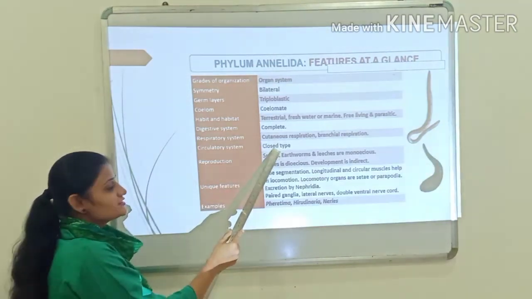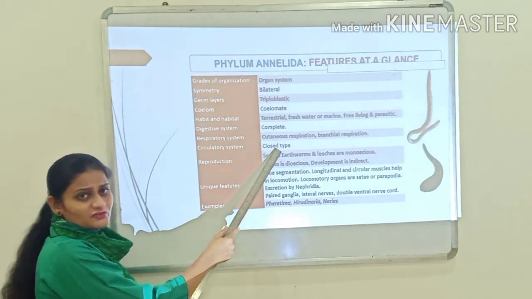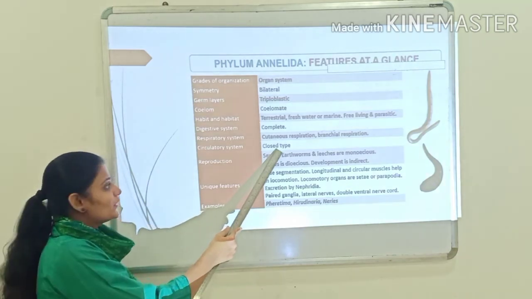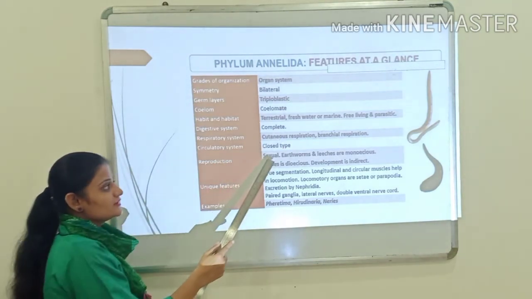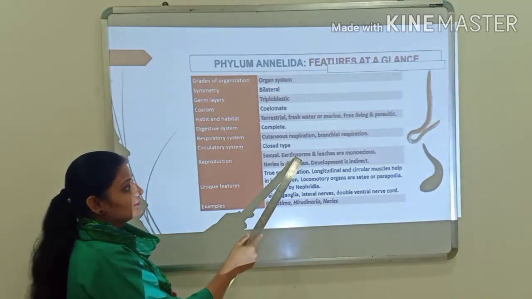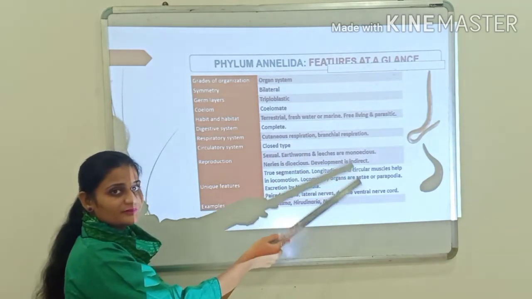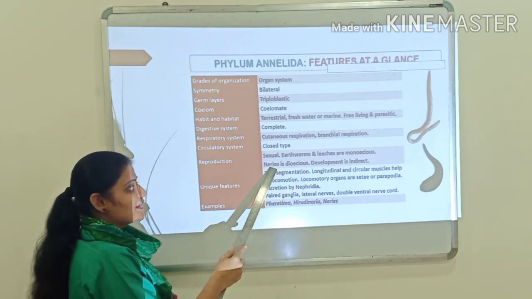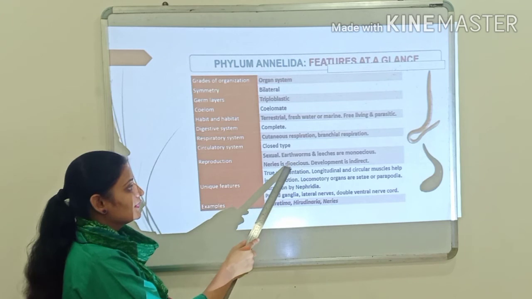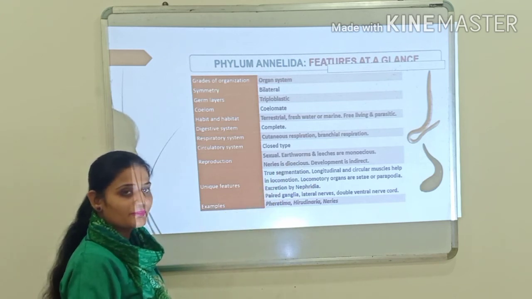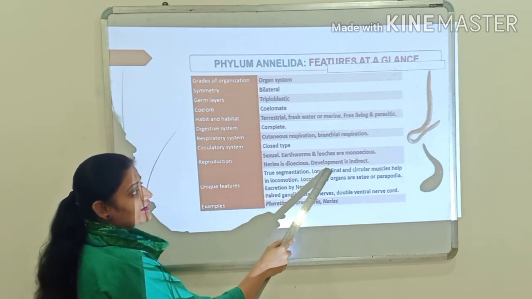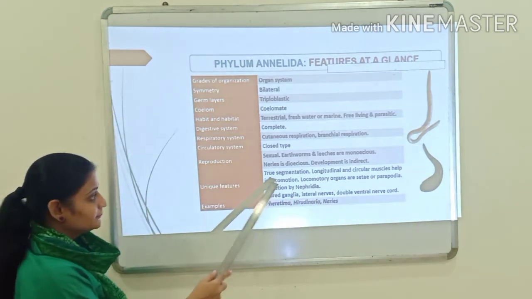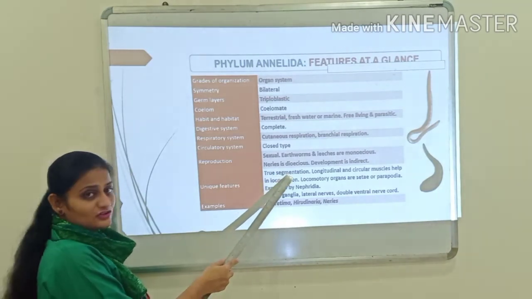They have closed circulatory system, means when the blood is pumped out of the heart, the blood enters in the blood vessels. Reproduction is sexual, and earthworm and leeches are monoecious, means both the reproductive systems are present in the same organism, whereas Nereis is dioecious. That is the reproductive systems are present in different organisms, and development is indirect, that is larval stage is being observed. They have true segmentation.